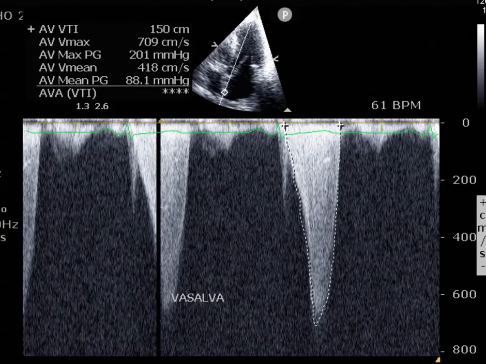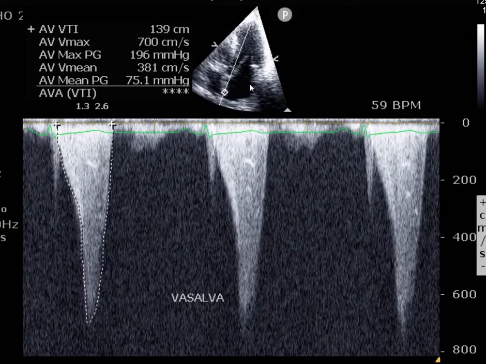Just one thing I will note that's kind of concerning in this case is that the person's heart rate is actually 50 to 60, which tells you that there's not much room to go in terms of slowing her heart rate if she has such a significant gradient and velocities at such a slow heart rate.